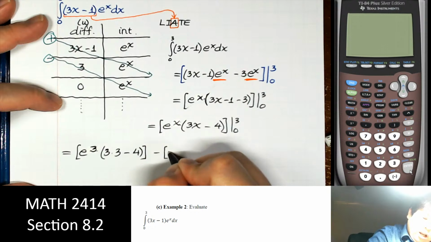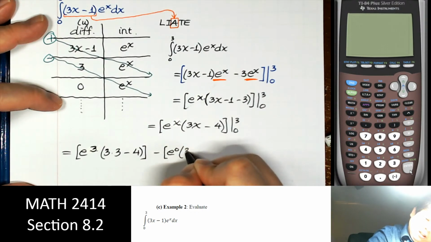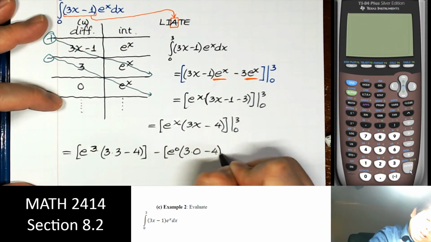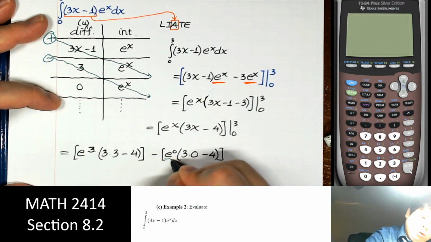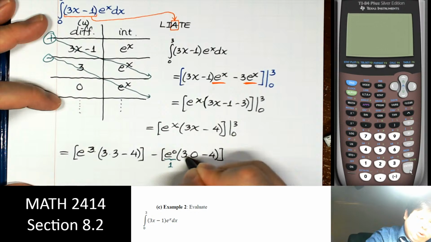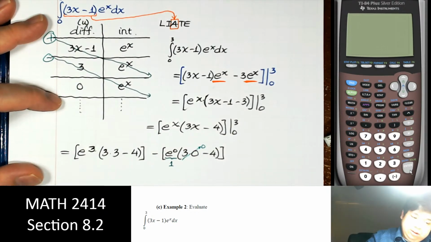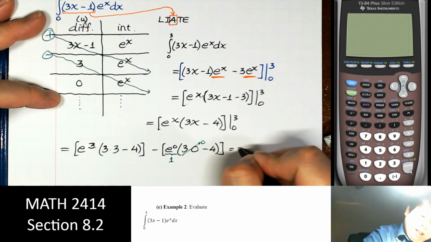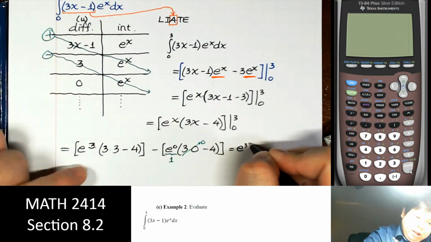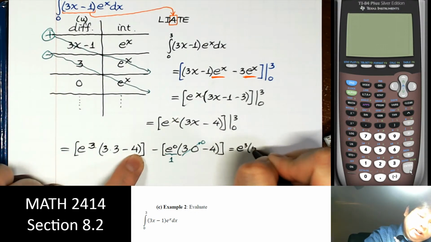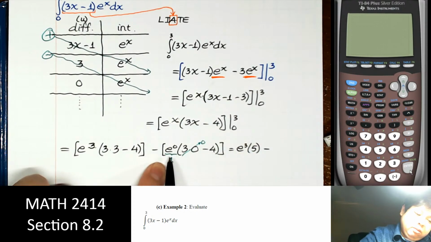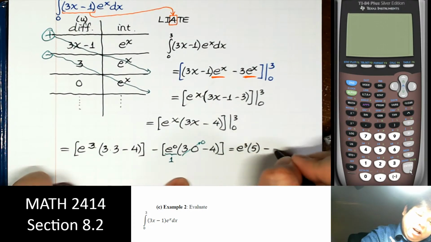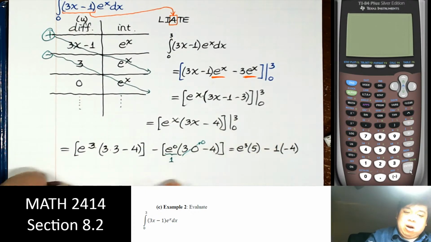And now we put 0 in it. So e to the 0 power is 1, 3 times 0 is 0. So we have e cubed, 9 minus 4, so it's 5, minus 1 times minus 4.